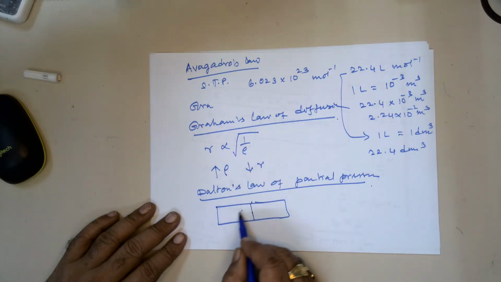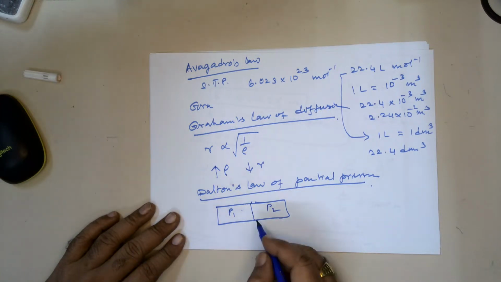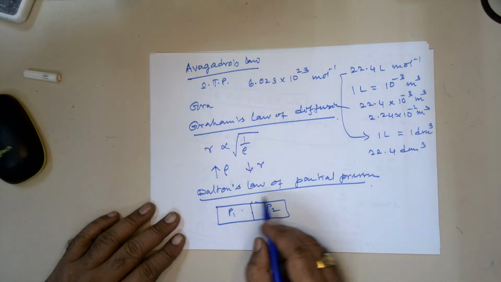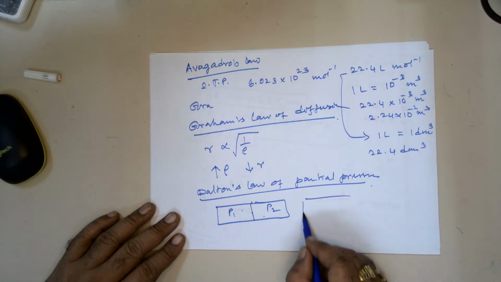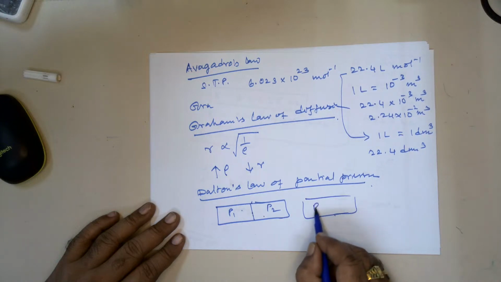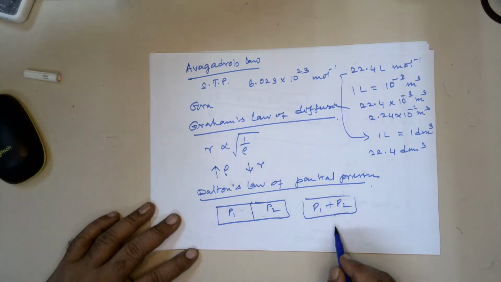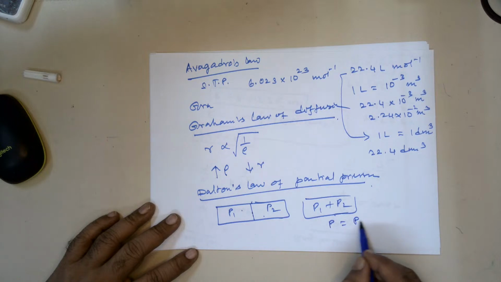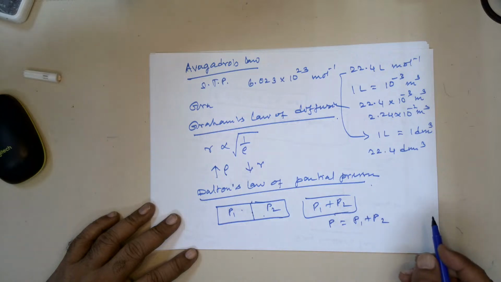Previously there was a gas with pressure P1. In another chamber, you have the gas with pressure P2. Now let me lift this partition. So it becomes P1 plus P2. This is the total pressure. So P is equal to P1 plus P2. And these individual pressures are called partial pressures.